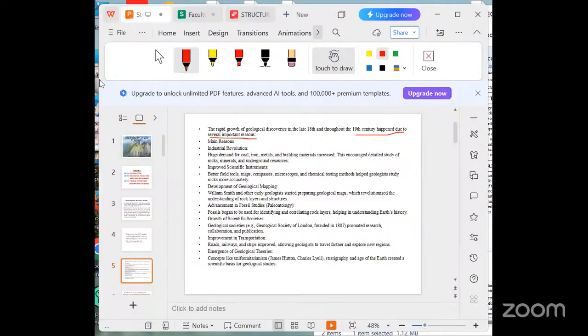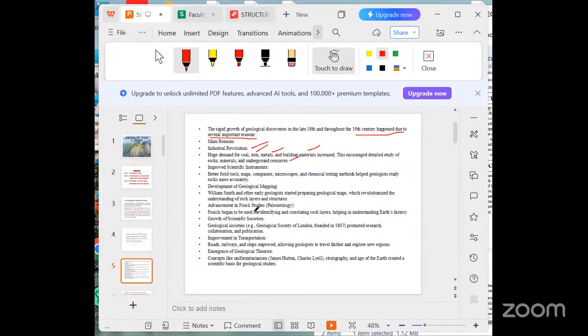The main reasons are the industrial revolution and the huge demand for coal, iron, metals, and building materials. This encouraged detailed study of rocks, minerals, and underground resources.